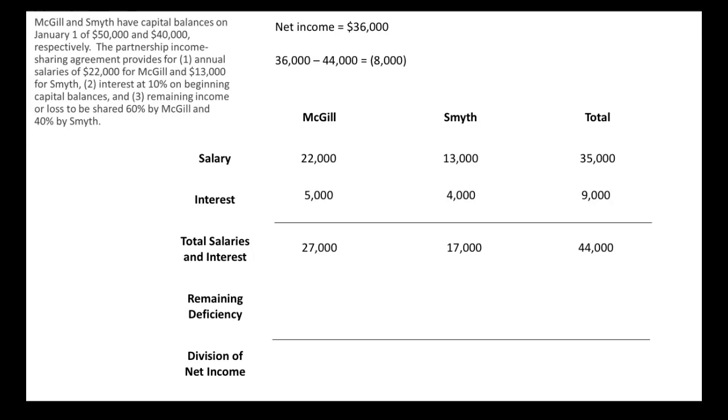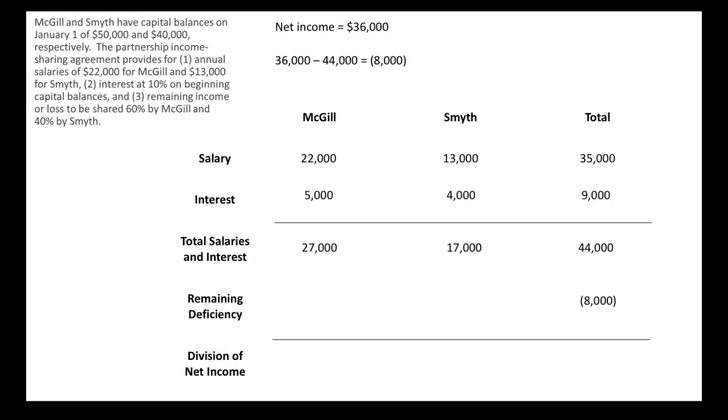So we'll take that $36,000 net income, subtract out our total salaries and interest, and we see that we now have a deficiency of $8,000. So instead of giving McGill and Smith even extra money on top of their salaries and interest, we're going to have to take away some money from their salaries and interest because we didn't make enough during this time.